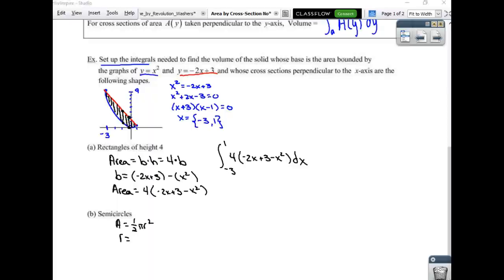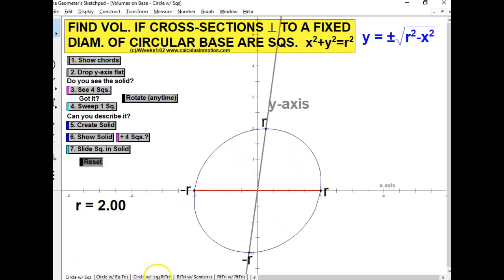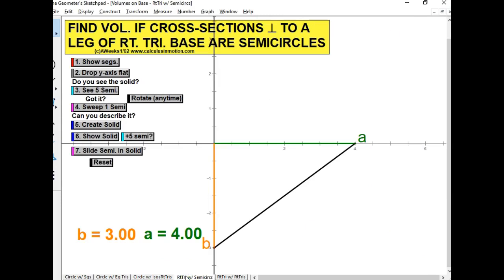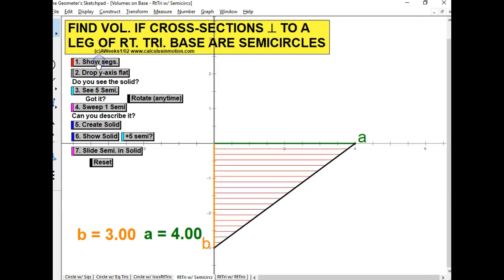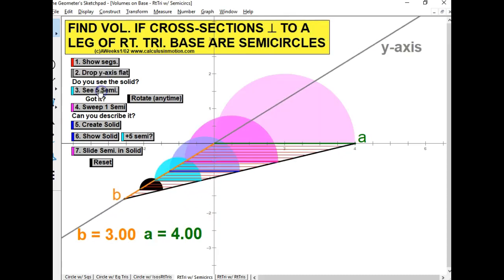Do I have an example of one of these? Oh, it's still sweeping. Go away. Semicircles. There it is. So if I show the segments here, this is perpendicular to the y-axis. But if we show those semicircles, each one of those chords is not a radius. Each one of those chords is a diameter across.